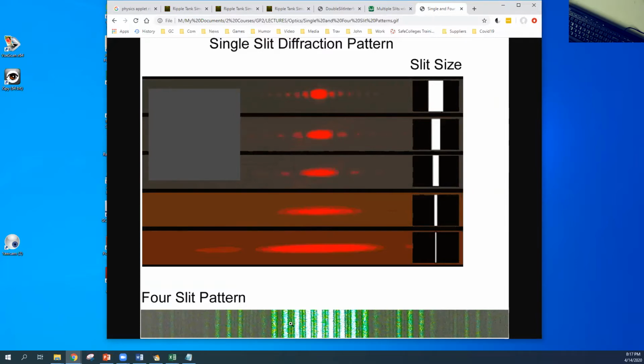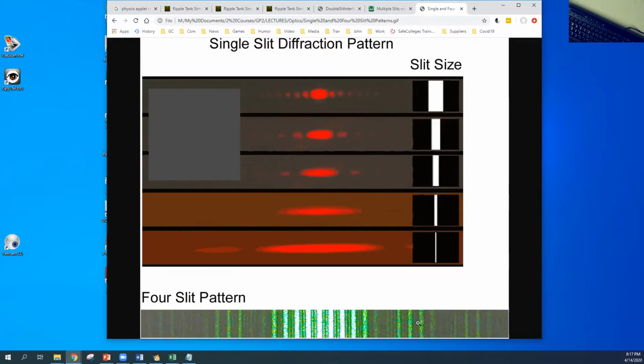That's because it's a 4-slit pattern. But you can also see the overall envelope that's dropping things down to a minimum right here and then coming back up again. That's caused by the individual width of those slits.